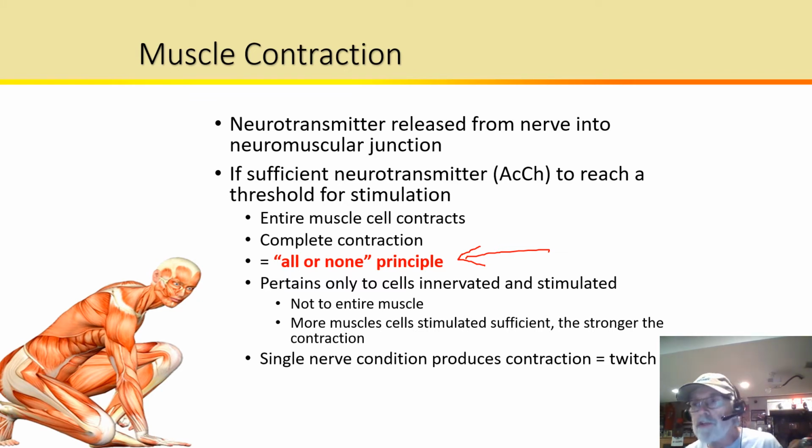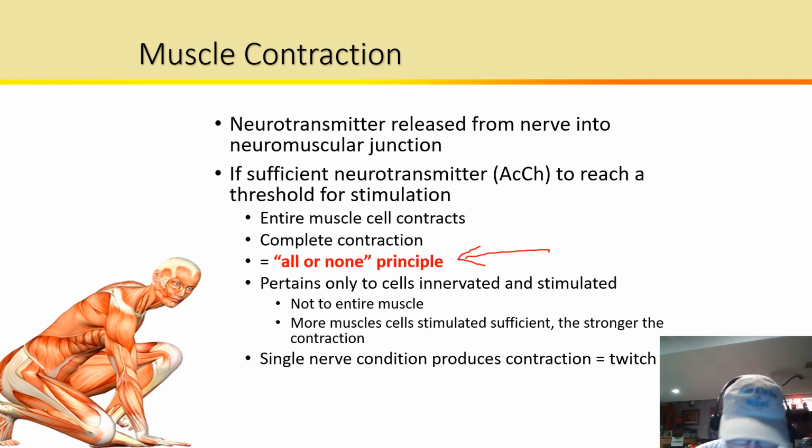The more sarcomeres that are contracted, the shorter the muscle is going to get. So it pertains only to the cells that are innervated and stimulated, not to the entire muscle. Remember that the entire muscle is supplied by a number of nerve fibers, and some of them will overlap in regards to where they originate from. But these nerve fibers each work independently.